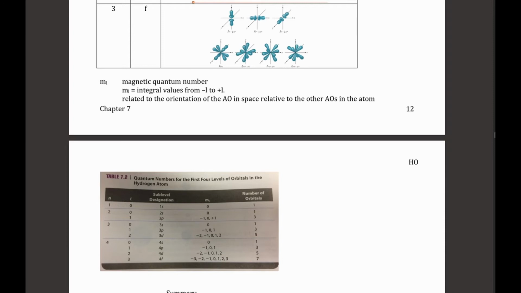When L is 1, M sub L can be negative 1, 0, or positive 1. When L is 2, M sub L is negative 2, negative 1, 0, 1, or 2, and so on. It's related to the orientation of the atomic orbital in space relative to the other atomic orbitals.